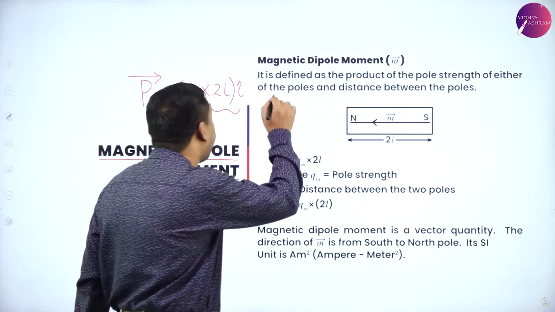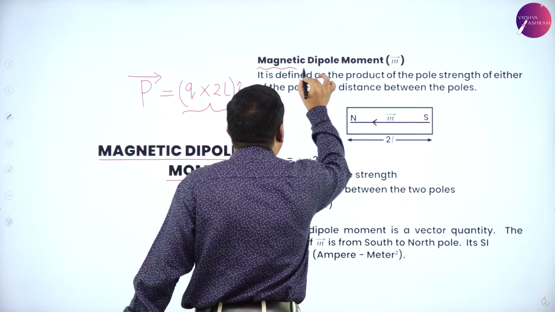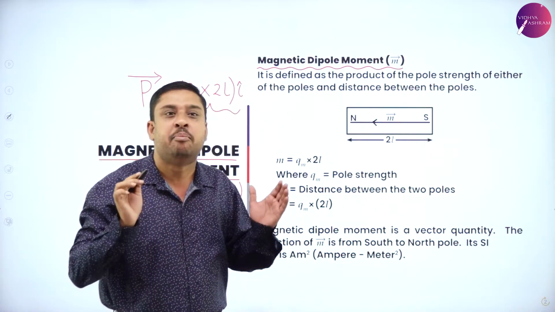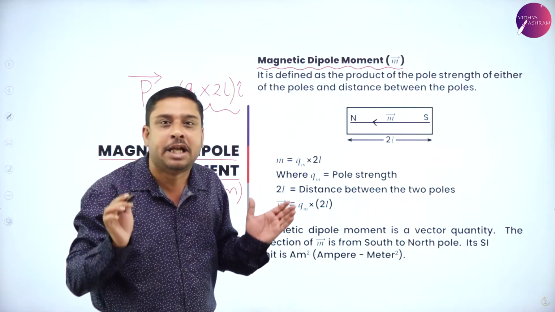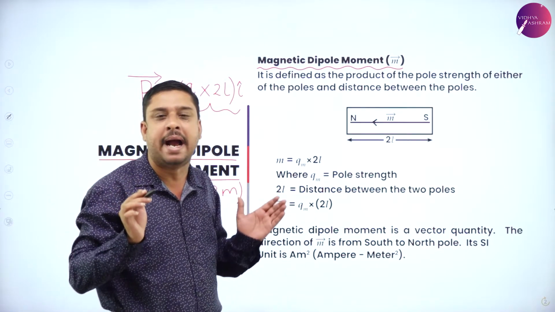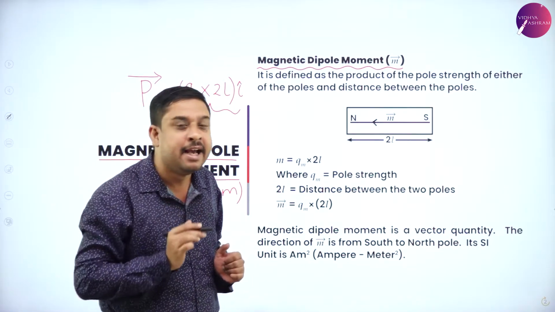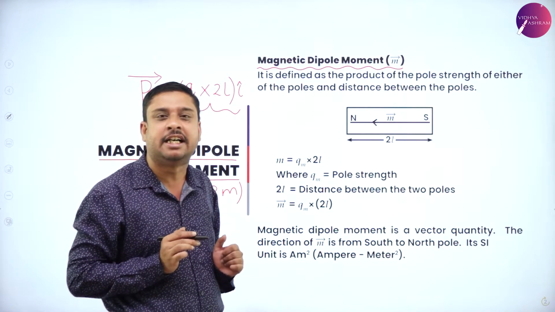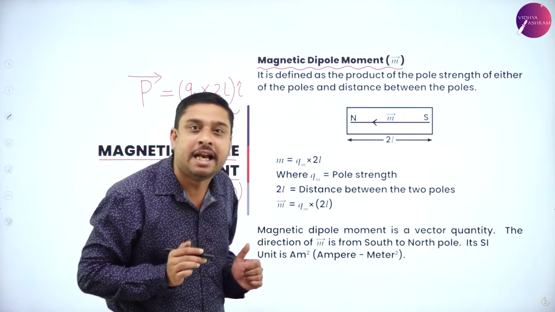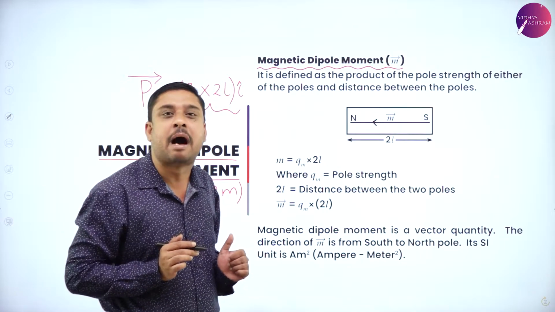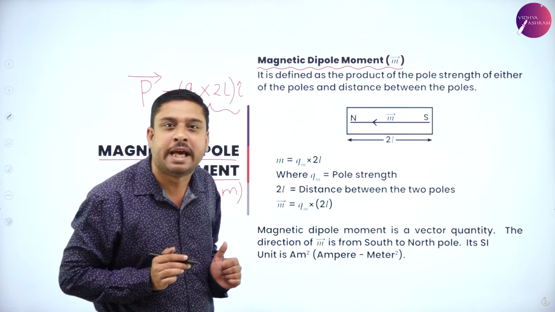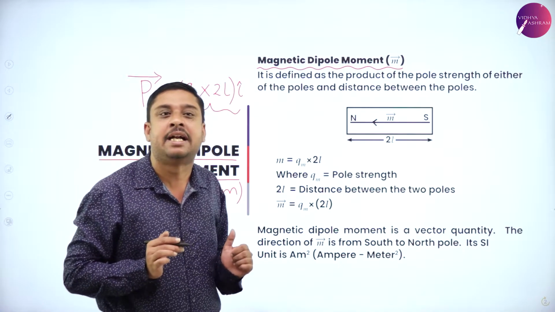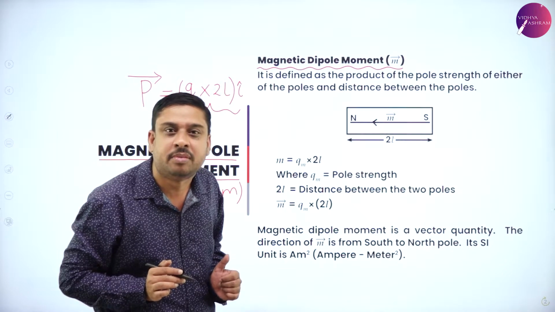So in comparison now, we will understand something called magnetic dipole moment. The entire chapter is an analogy, a comparison between electric phenomena and magnetism.